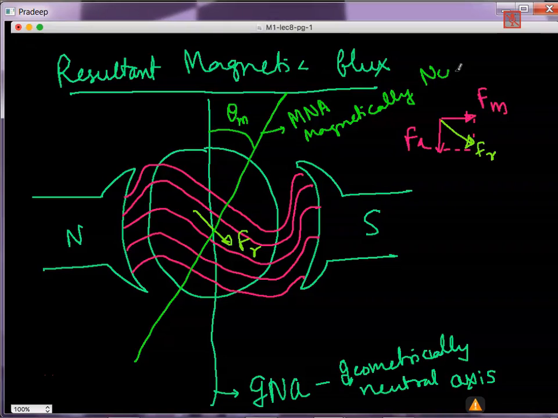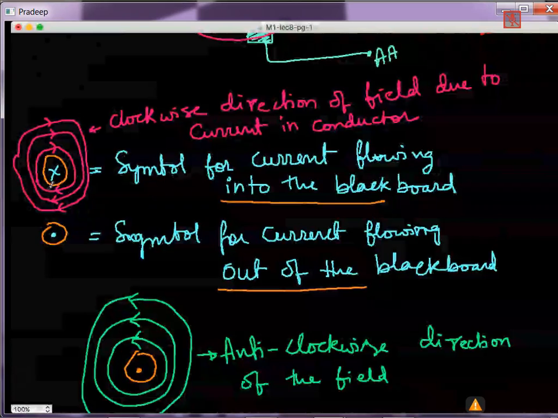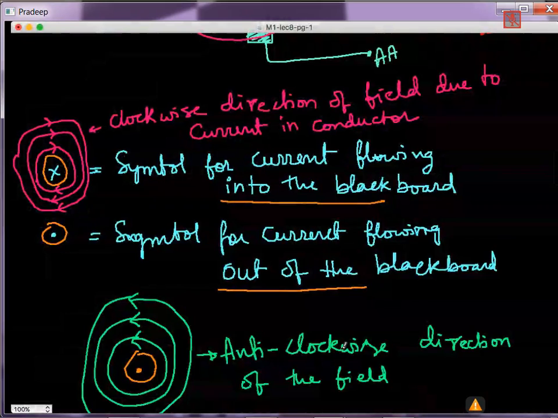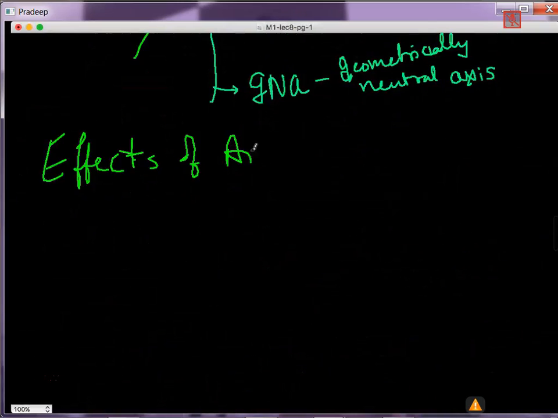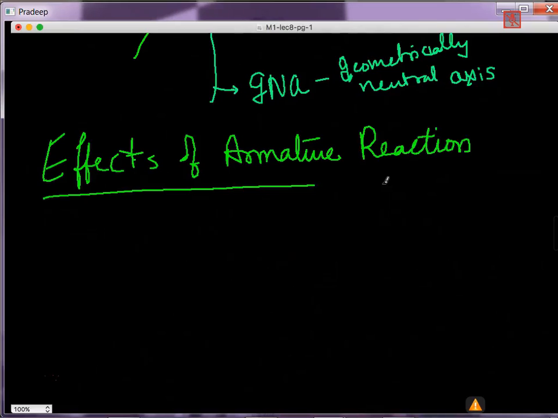So what is the effect of armature reaction? One thing you can see here, there is some cancellation. Looking at the top here, there is some demagnetization effect. Let me write that here. What are the effects of armature reaction?